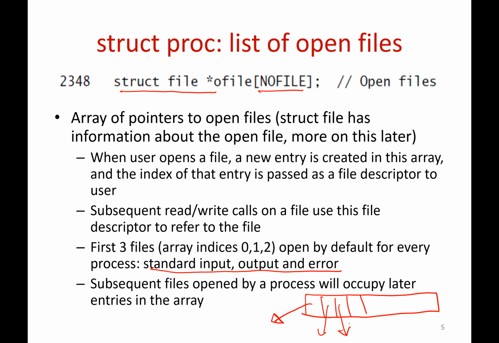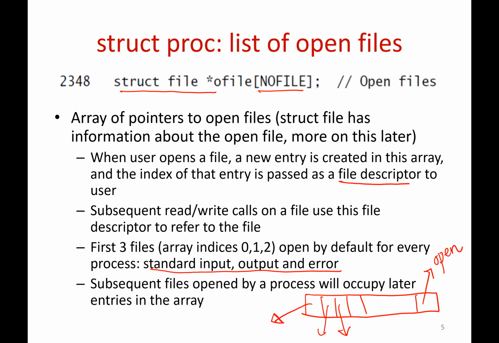Whenever you open a file, the open system call returns a file descriptor, which is basically an index into this array. It tells you, okay, entry number 5 is free, go ahead and use it. This index is returned, and it is called the file descriptor. All subsequent operations you want to do on a file, like read or write, will refer to this file descriptor, this index.